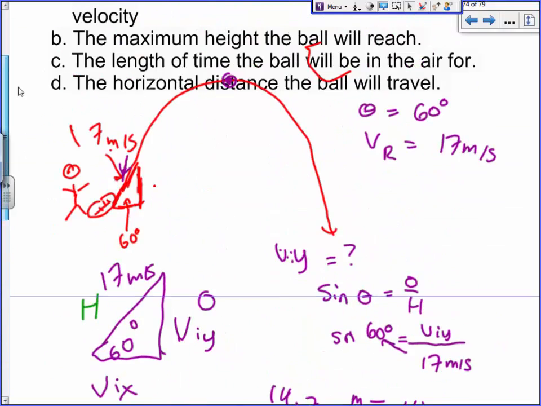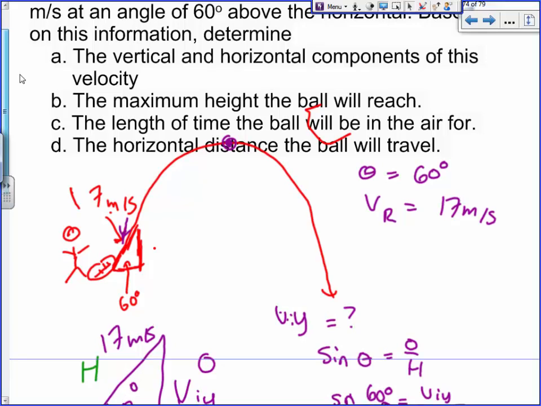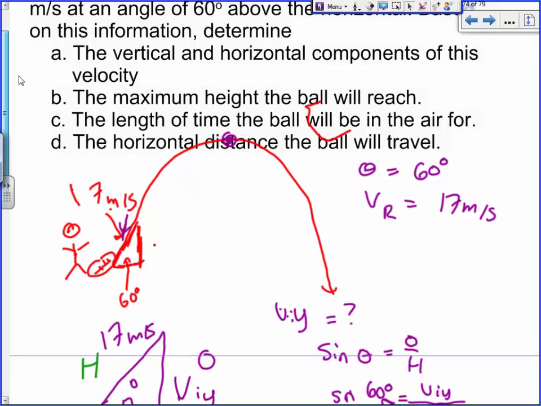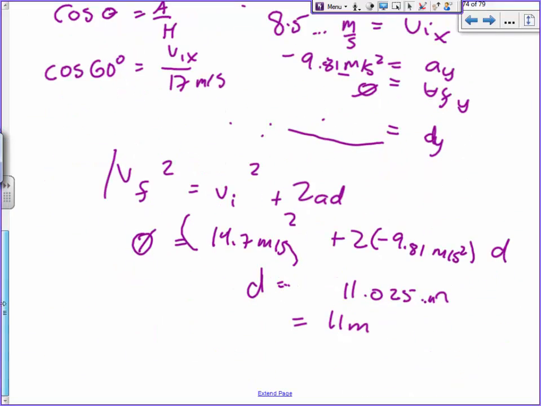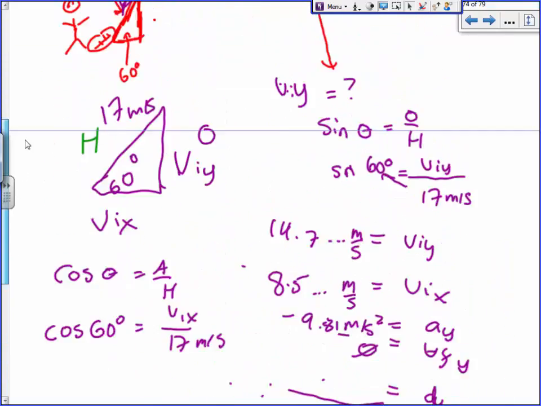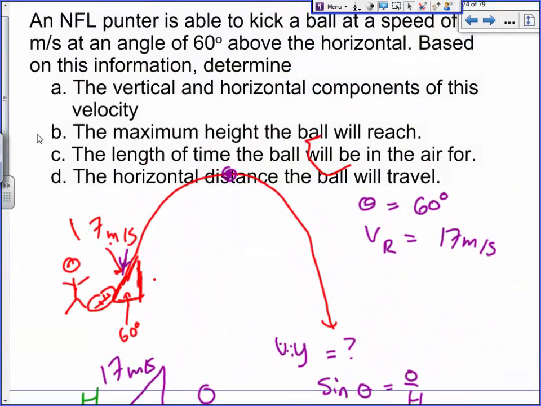We now want to know the length of time the ball will be in the air for. I'm going to show you guys a neat trick. If we assume that the kicker is basically kicking the ball off the ground, the ball will go all the way up in the air and then come all the way back down. How much distance in the y direction will the ball actually travel? The ball is going to start on the ground, go all the way up in the air, come all the way back down.